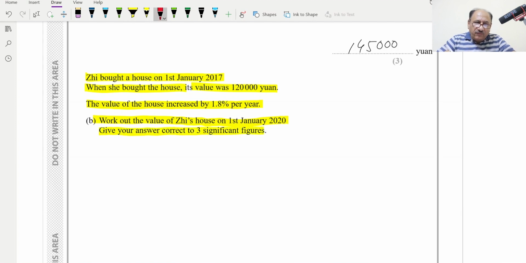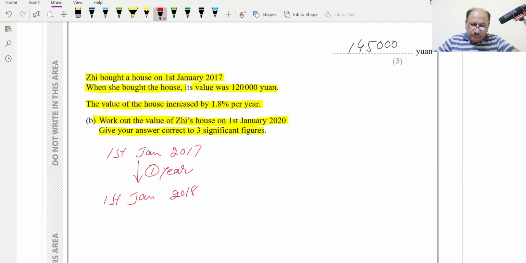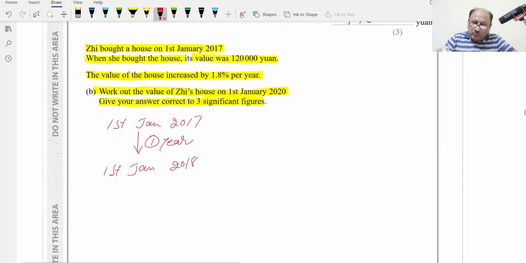So first of all, we need to identify the time duration. Starting from 1st Jan 2017 to 1st Jan 2018, this will be 1 year completed. Now we have to go up to 1st Jan 2020.